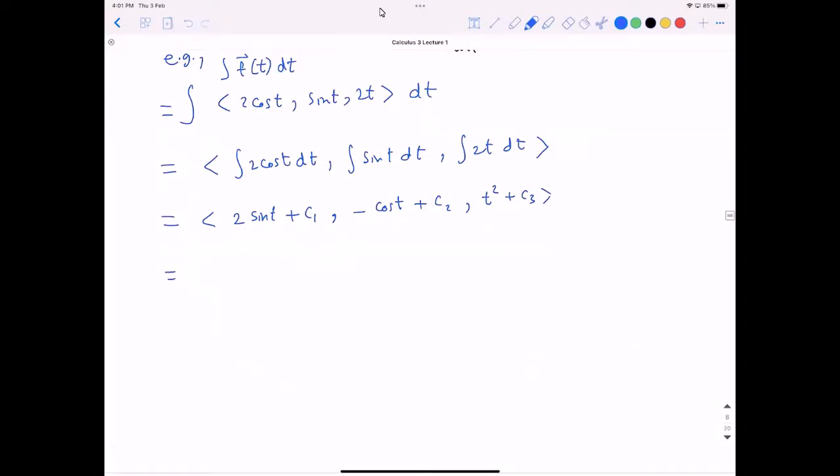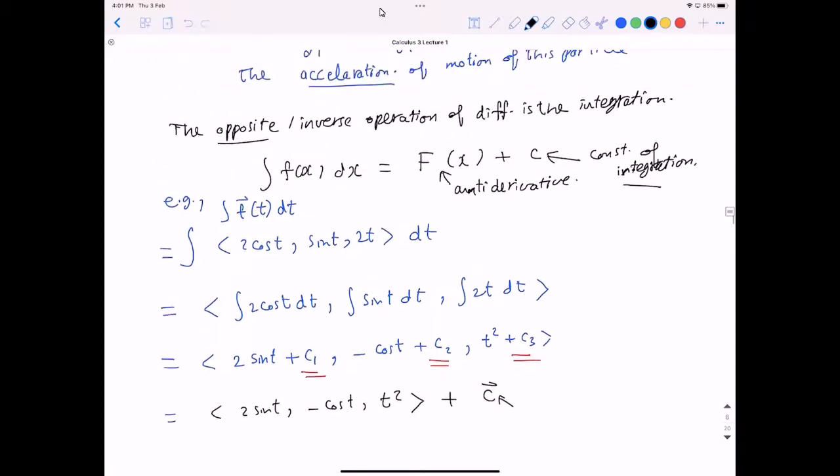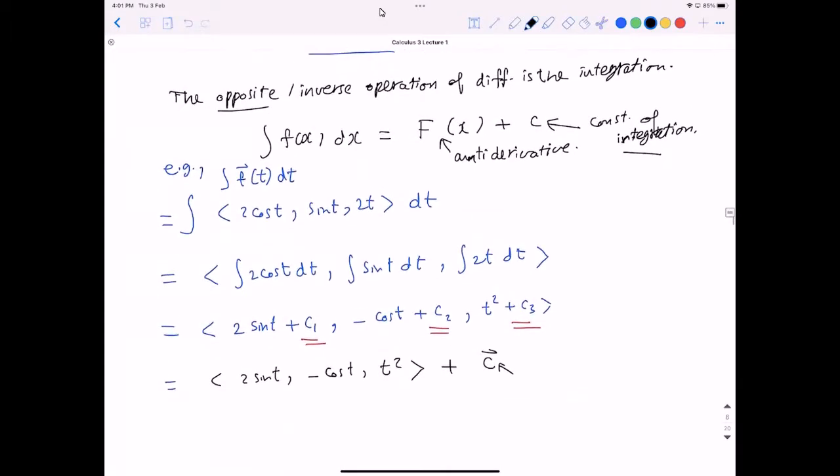We can write it simply like this. We can get rid of all of these 3 constants and put them outside as one constant vector: 2 sine t, minus cosine t, t square, plus c, where c is, we used to have scalar constant of integration because we have scalar function.